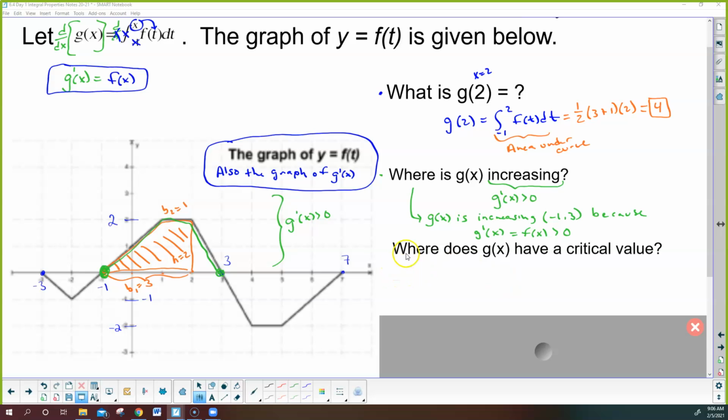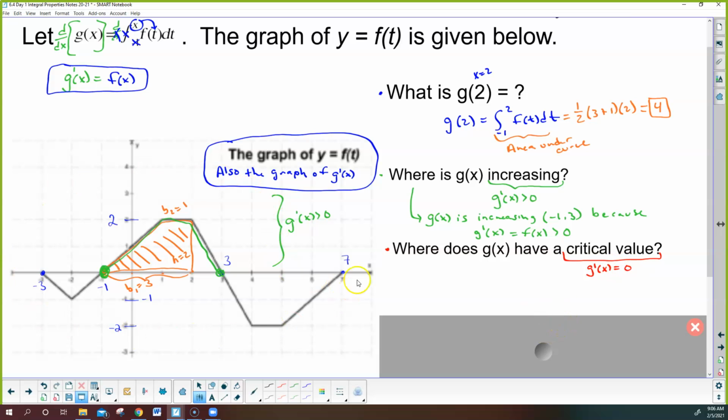Okay, so now, since we know that this is the graph of g prime, this one is a very quick problem. Where does g have critical values or critical points? Well, critical points are when the derivative is equal to 0.